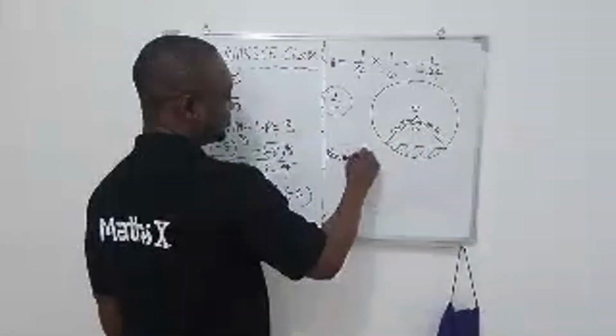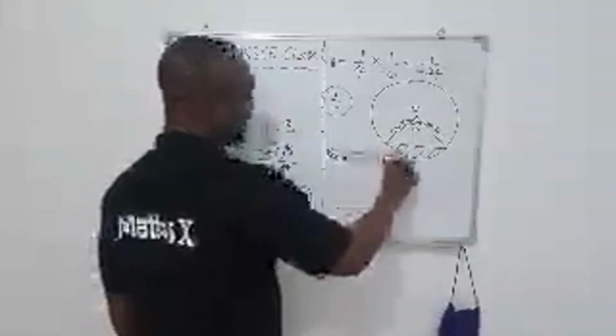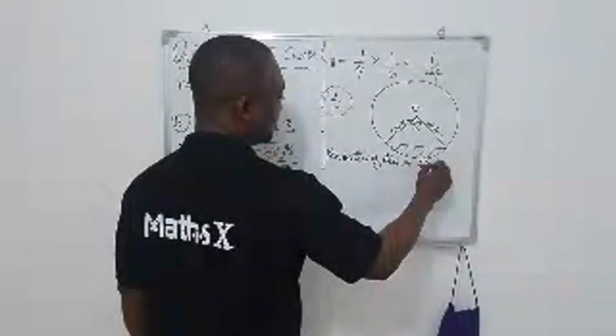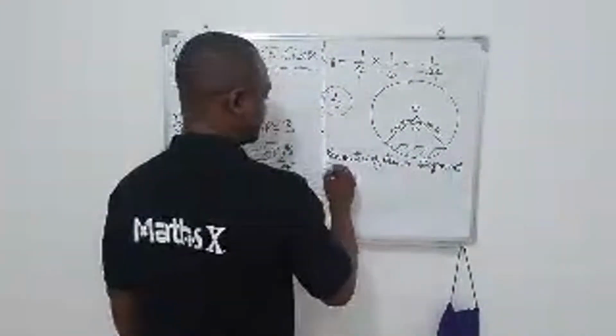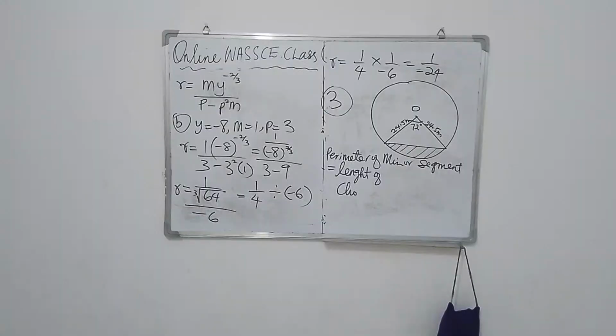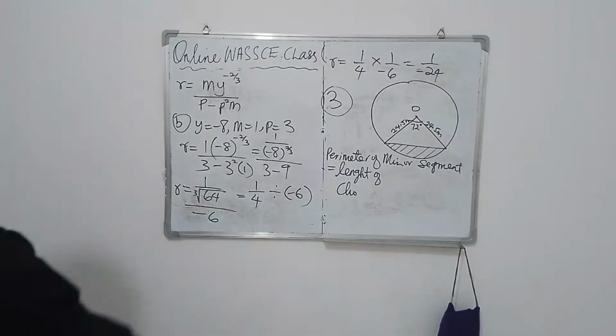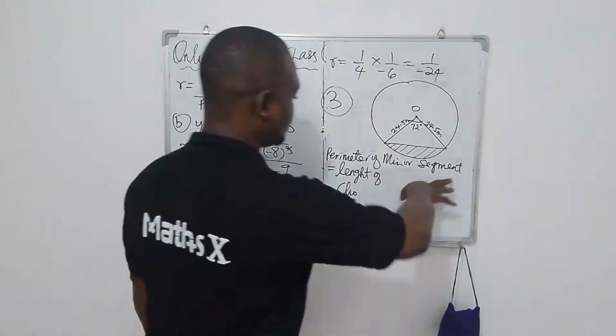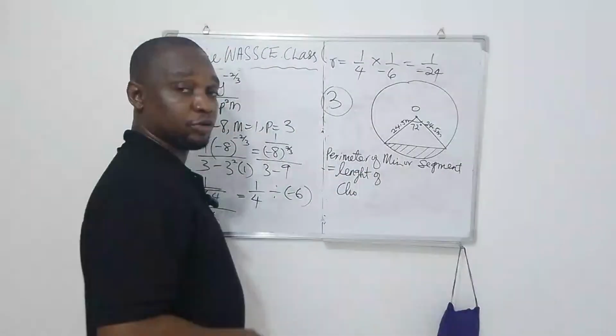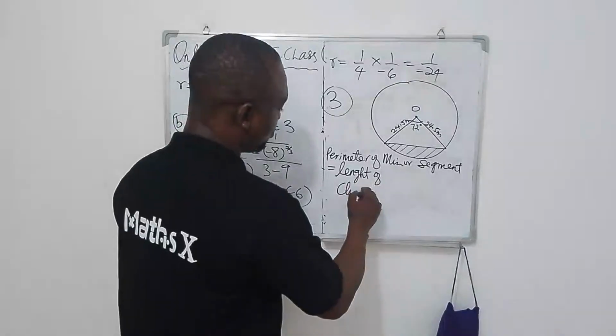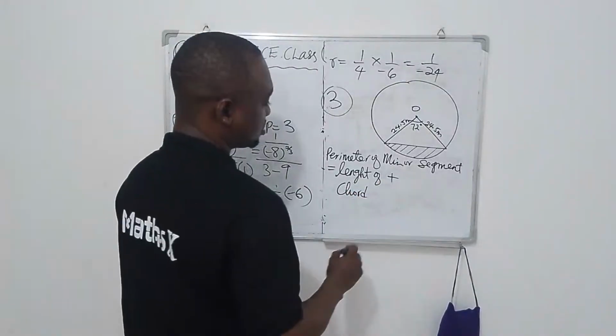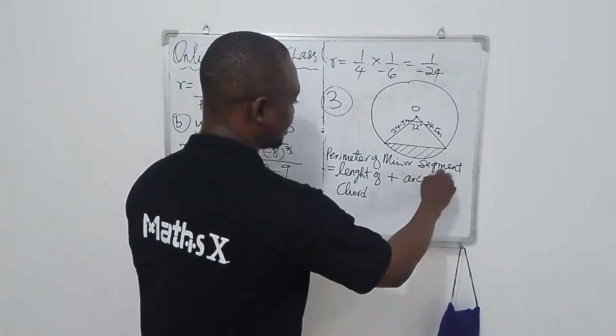So let's do this: the perimeter of the minor segment is equal to the length of the chord plus the arc length.